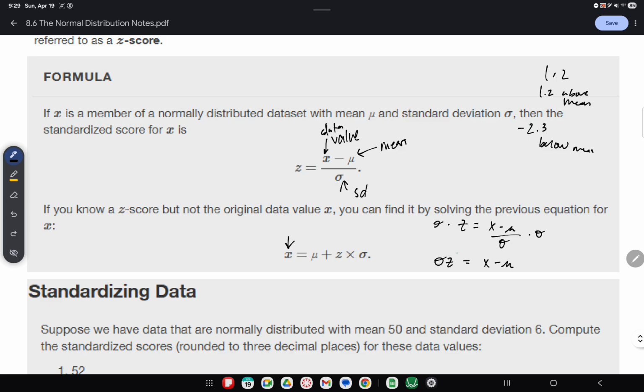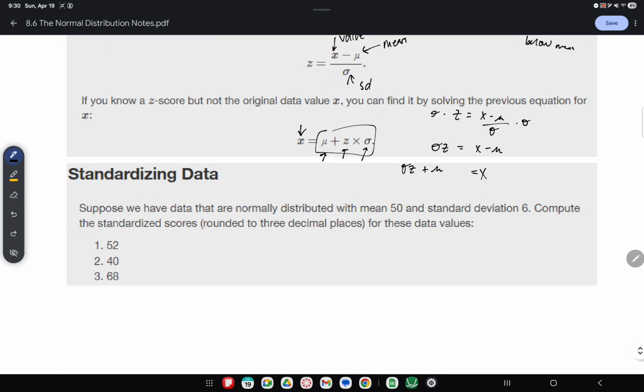And I want to add the mean to both sides. So x equals standard deviation times the score plus the mean, which is right here. This just says mean plus z times standard deviation. It's the same thing.